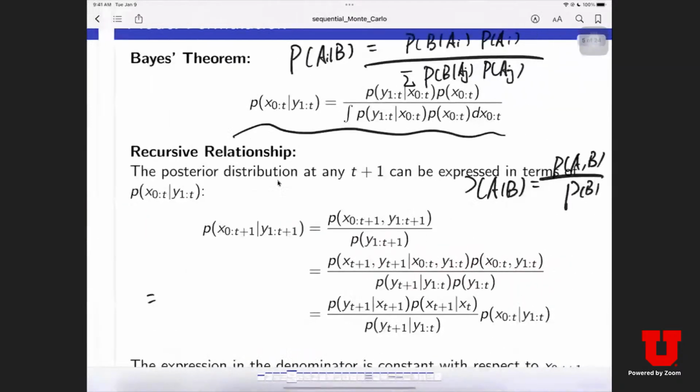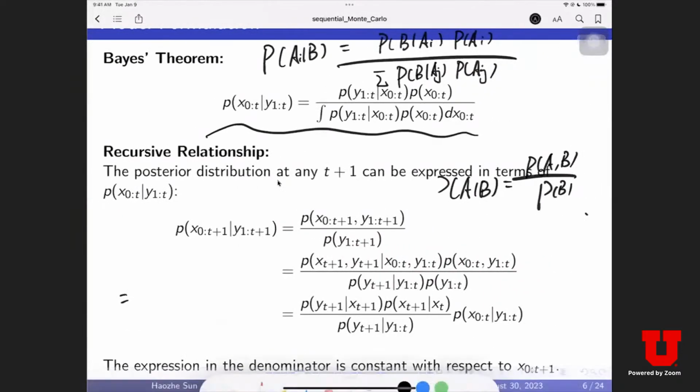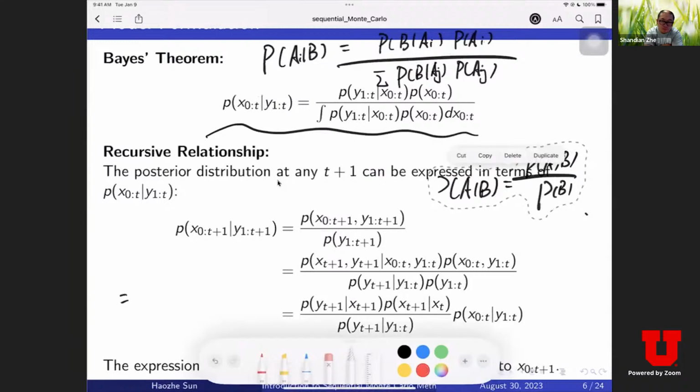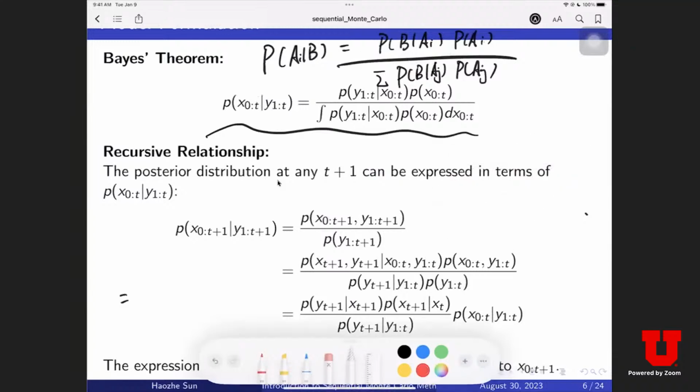Yeah, thank you. All right, and here we will get the Bayes theorem. The Bayes theorem is a very classical theorem, and I think I do not need to explain it. Now I want to do some proof.